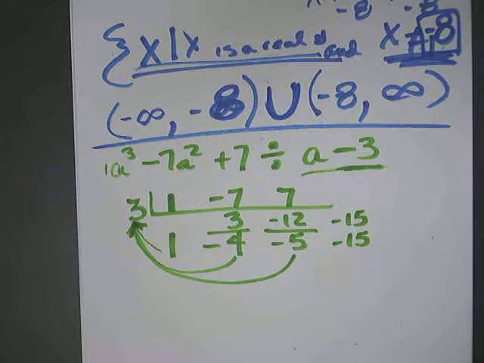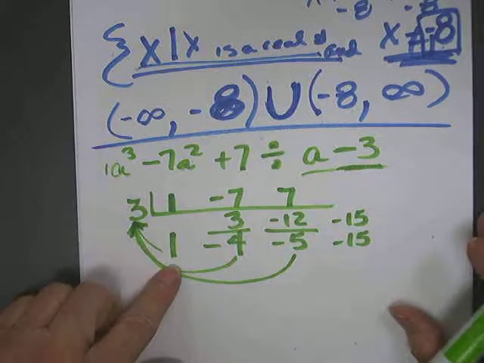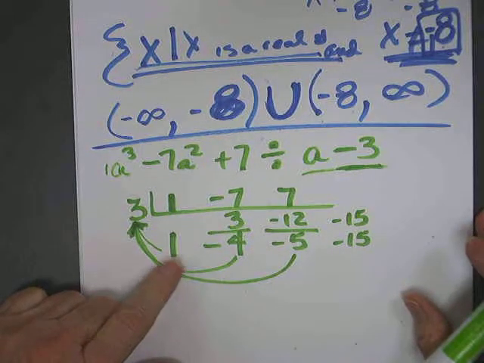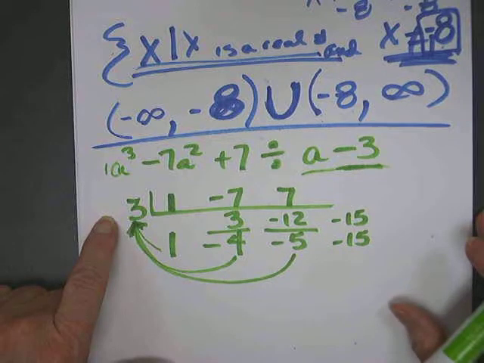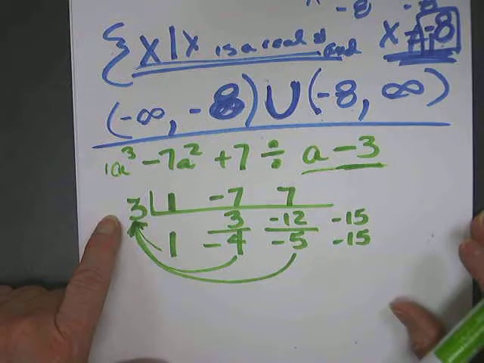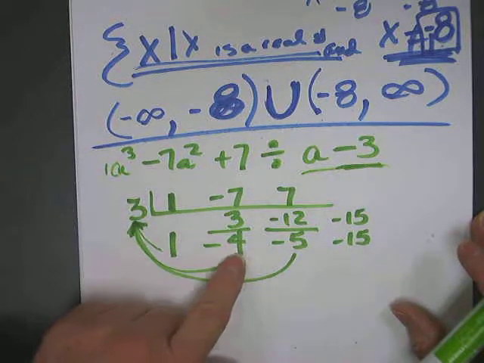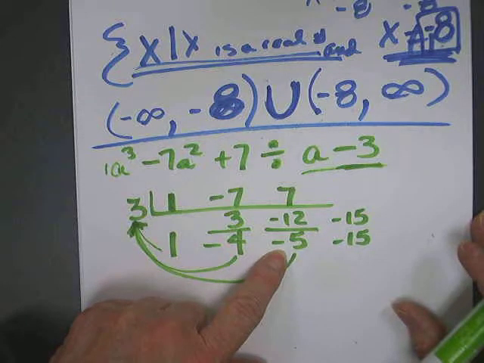So to bring this down, right? Multiply it, 1 times 3, and put it over here. 3. When you add those two, what do you get? -4.